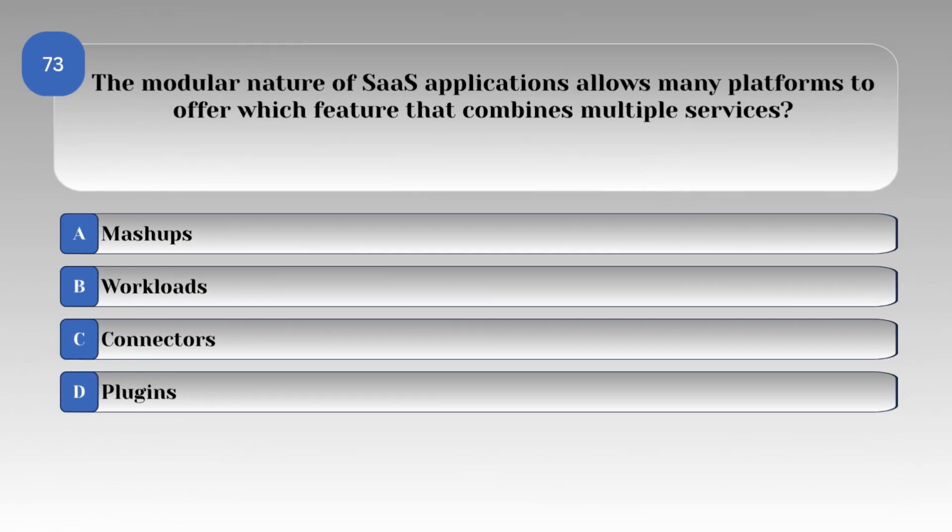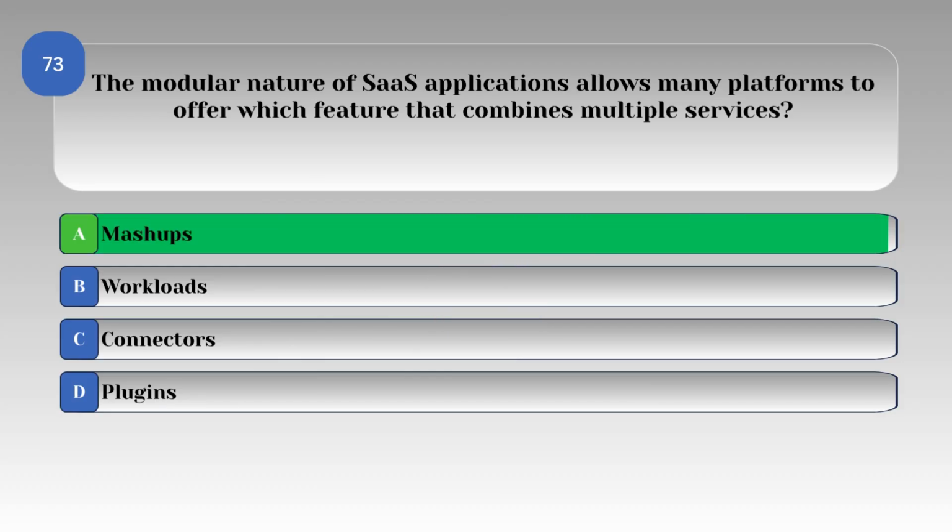The modular nature of SaaS applications allows many platforms to offer which feature that combines multiple services? Correct answer, mashups.